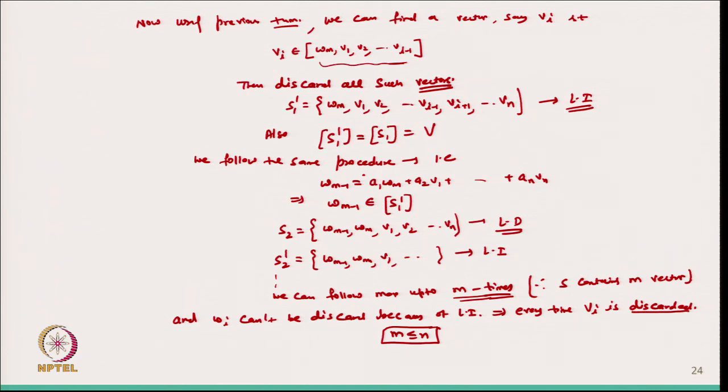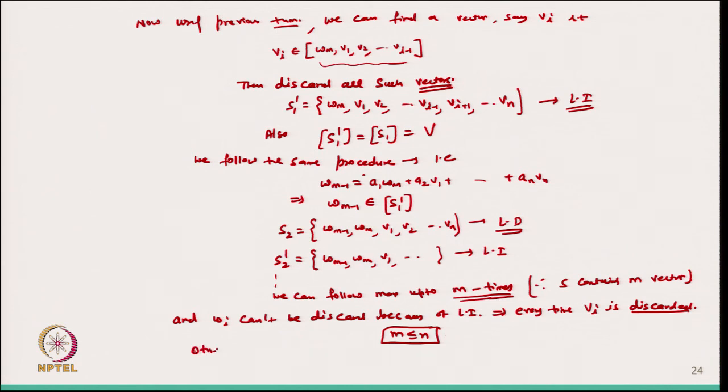So, definitely in the end we are left with the W m elements, or this is the maximum we can go. Even before that it may happen that all the V i's will be removed. So, from here m is definitely less than or equal to n.